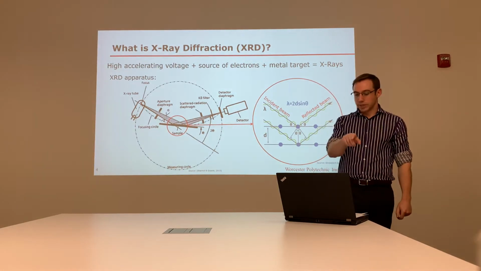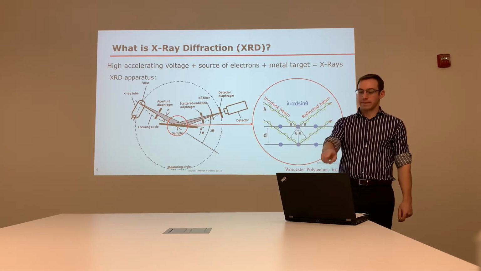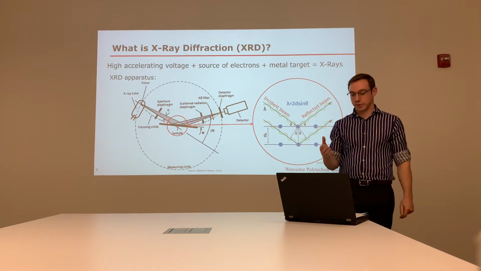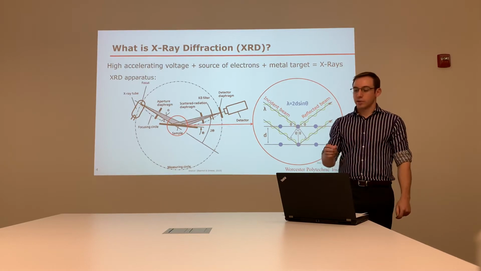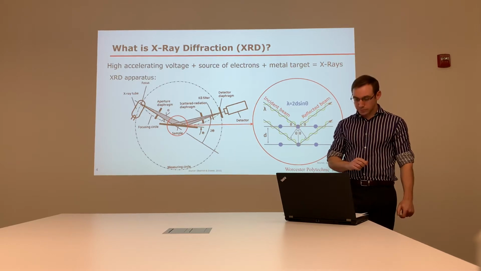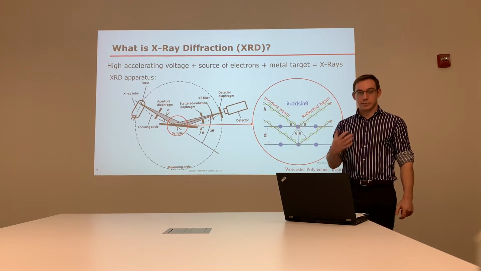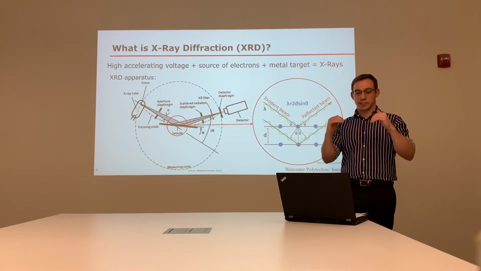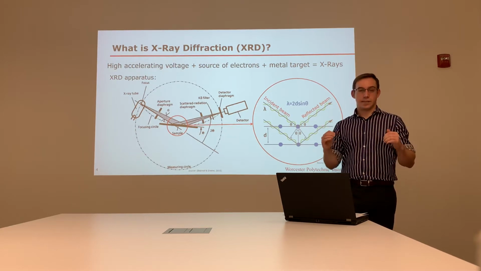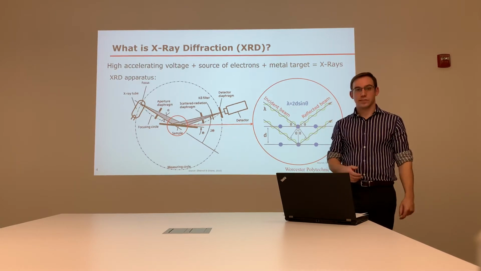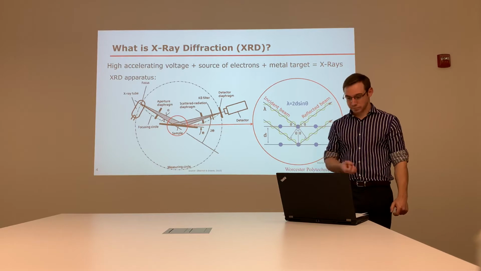The incident beam coming in from the left from the X-ray tube hits off certain planes at very specific angles called an angle of incidence. When it reflects off of that, the reflected beam is then picked up by the detector, and the data obtained through this angle, as it's constantly changing while the X-ray tube and the detector move around the center sample, gives us our diffraction data.